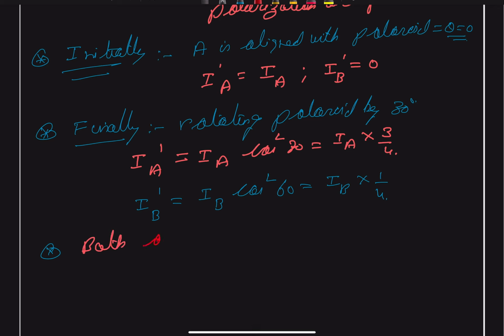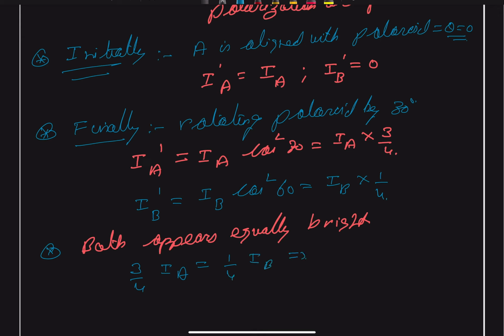Therefore we get that 3/4 times IA is equal to 1/4 times IB.